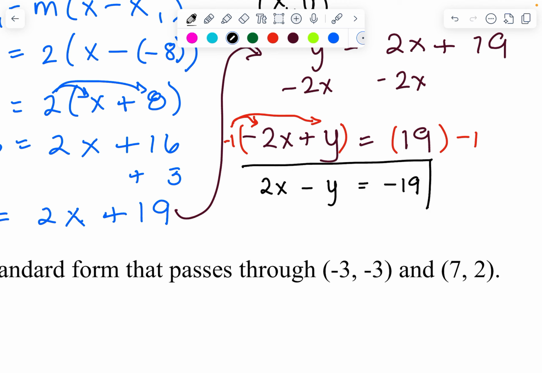And there you have it, your standard form. It satisfies all three conditions: that your a, b, and c values are integers, that your variables are on your left, constants are on the right, and that your a value is positive.